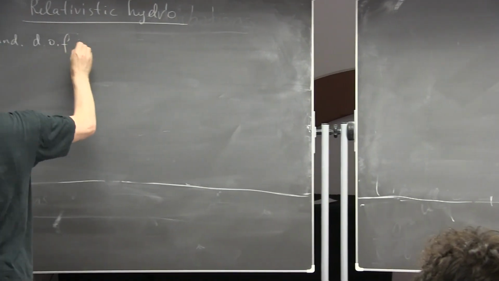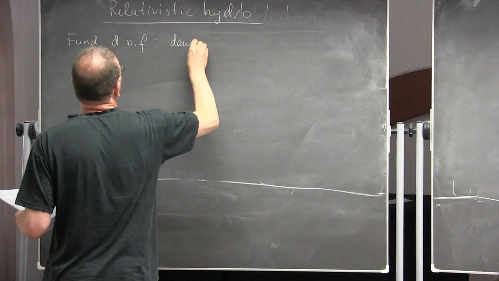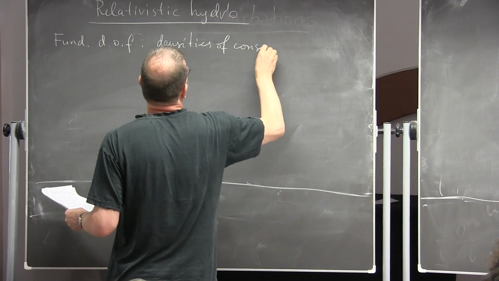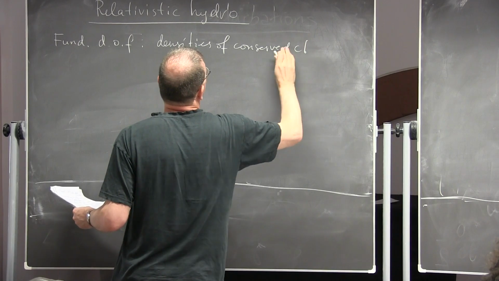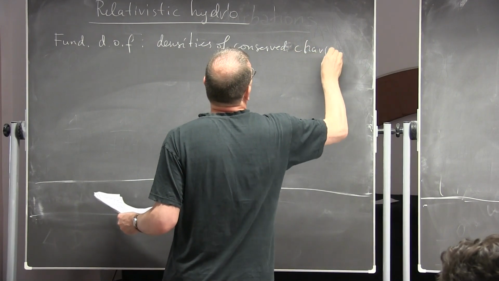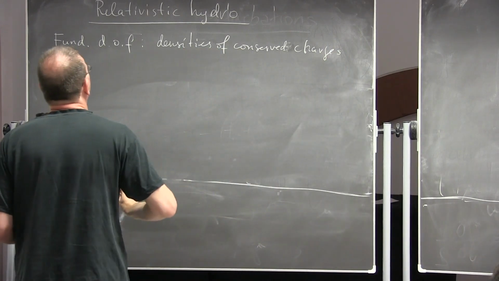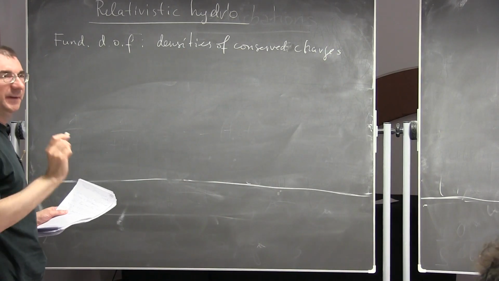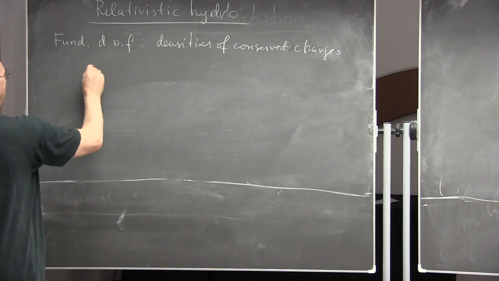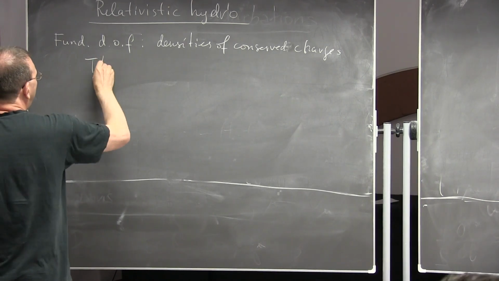All right, so we had fundamental degrees of freedom, densities of conserved charges, and here we have a simplest example where the only conserved charge is the energy momentum tensor. So this is the expectation value.